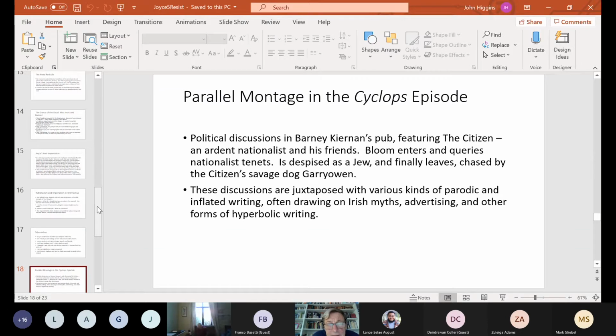The Cyclops episode takes place in Barney Kiernan's pub, where Bloom has stepped in for a drink, and it features a character who has no name, but is simply called the Citizen throughout.